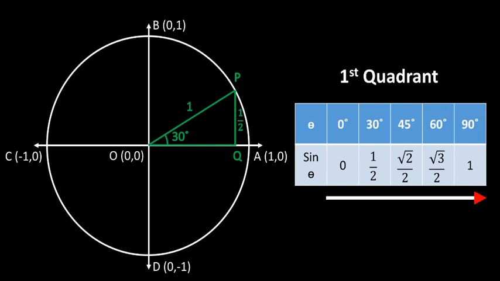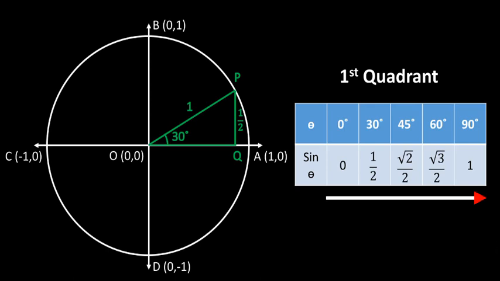If we measure the length of PQ as compared to the length of OP, it would be equal to half of the length of OP. As the length of OP is 1 unit, it means the length of PQ is equal to 1 by 2. The length of this perpendicular line PQ gives the value of sine of 30 degrees. That is, sine of 30 degrees is equal to 1 by 2.